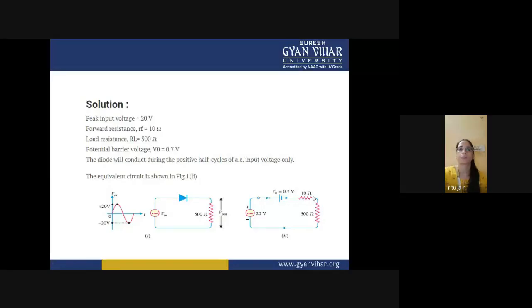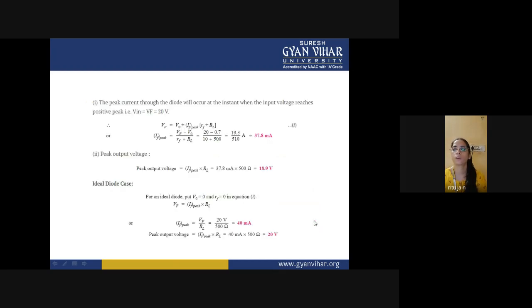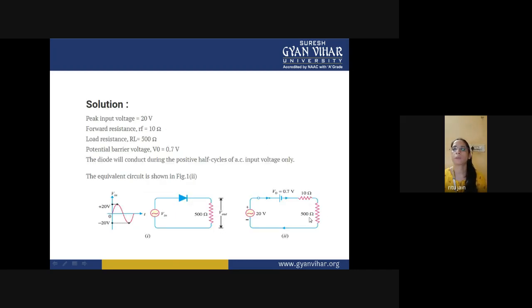Because this resistance is connected as the load, the voltage across this resistance will be your output voltage. So you multiply the 500 ohm by the current flowing through this branch, which is IF, 37.8 milliampere, and then you get the output voltage.